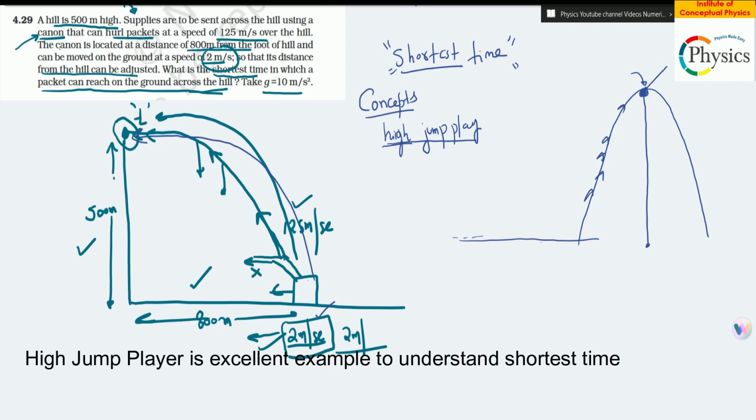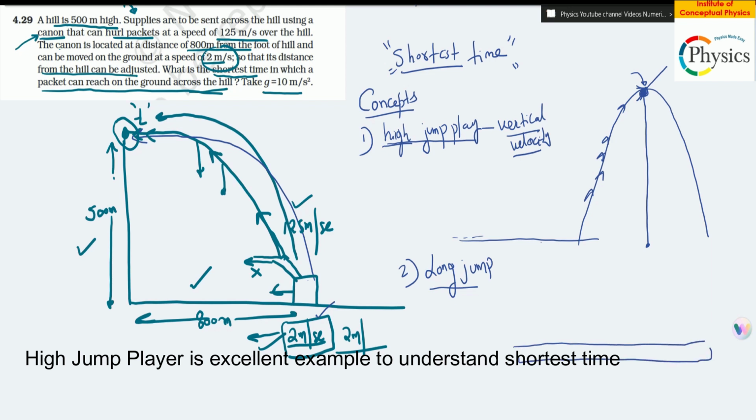A high jump player wants his vertical velocity adjusted in a manner that he is able to just cross over this. But consider a player who's into long jump. What is a long jump player? A long jump player wants to cover maximum horizontal distance.